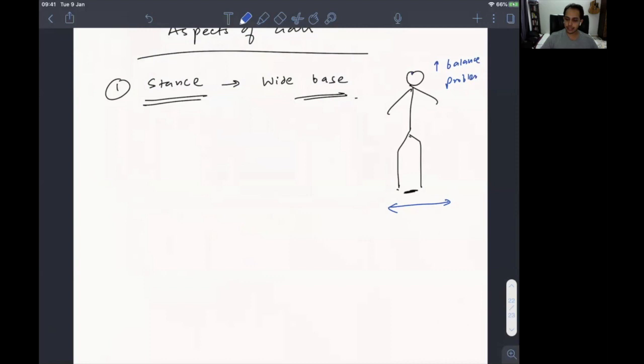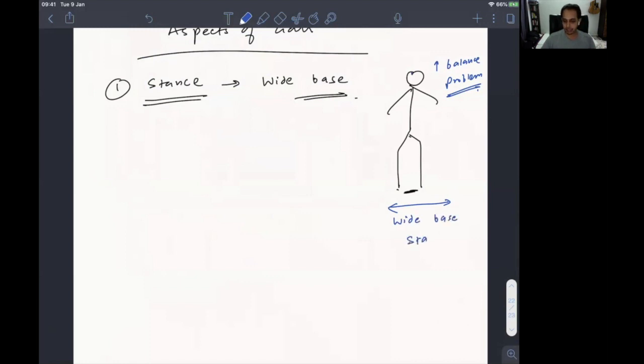Because if someone has no problem with the balance, then you can keep both your feet quite close together and still maintain balance. But if you have any problem with balance, then your feet will get wider and wider apart. So this is known as wide base stance.